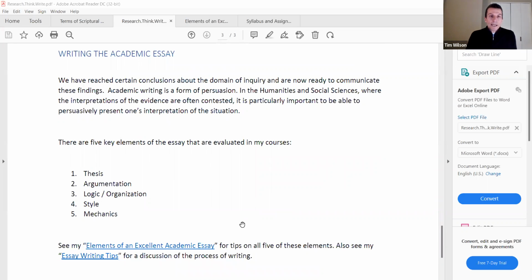So, writing the academic essay. You've done the research part, you've done the thinking part, and now it's the writing part. I think the key thing to keep in mind for the writing part is that it's a form of persuasion. So you want to convince the audience that your particular assessment of the evidence, and the way it sheds light on a particular answer to the question that you first posed, is the proper interpretation, the proper answer to that question.